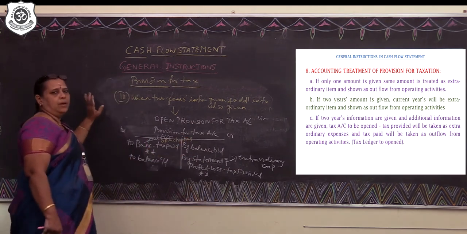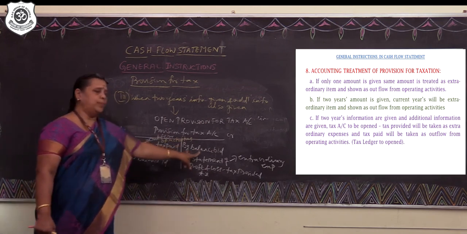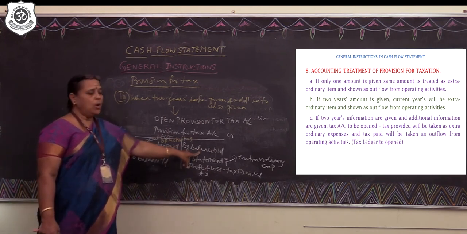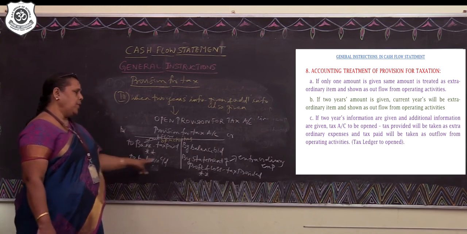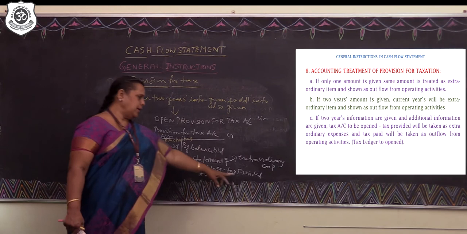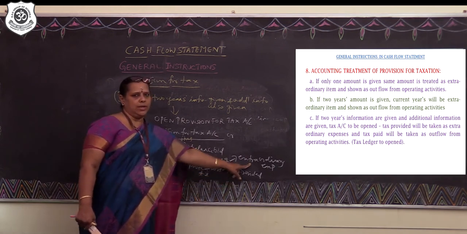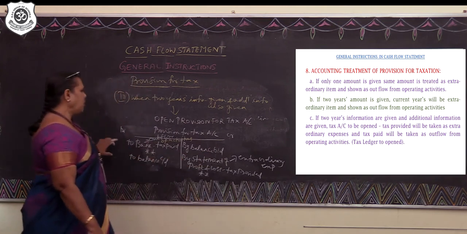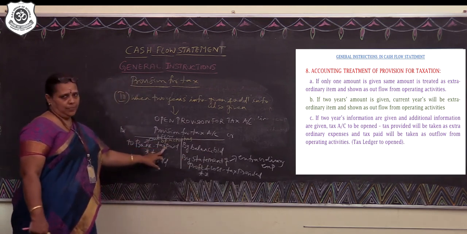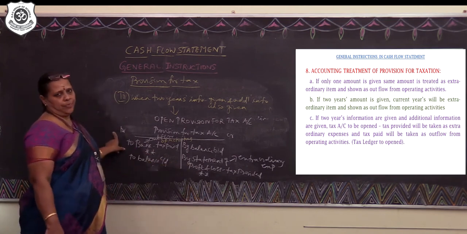So, I repeat the format of provision for tax account. We start with a credit opening balance, Y balance brought down, to balance carried down, by statement of profit and loss, which is an extraordinary expense, that is nothing but tax provided during the year, and to bank, which is tax paid. So, you may get either of it as the missing figure.